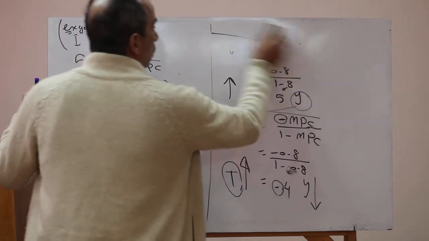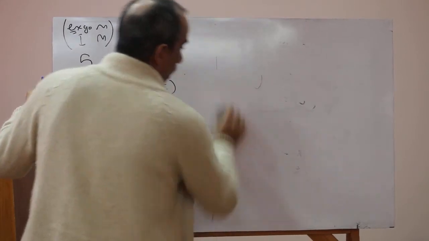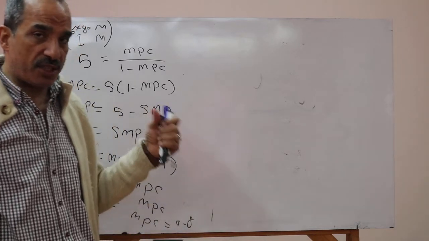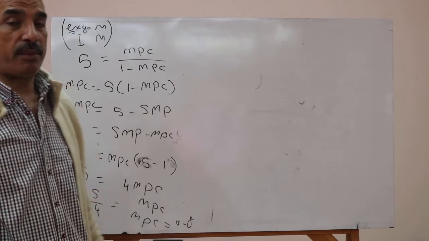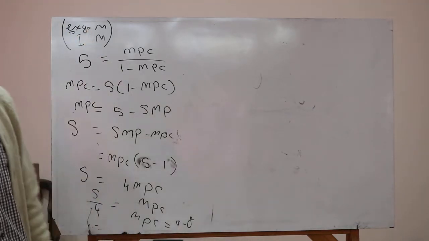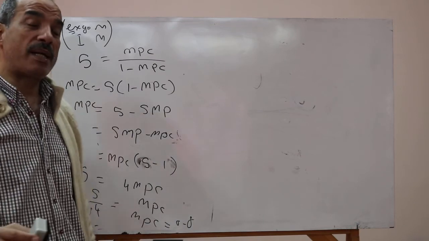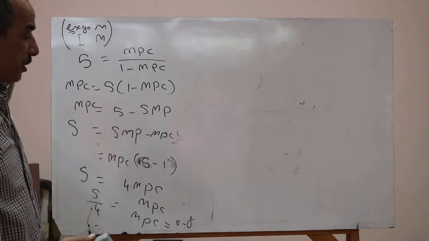Now we have three types of multiplier: expenditure multiplier, investment multiplier, and tax multiplier. The government expenditure multiplier is greater than the tax multiplier by 1 unit.